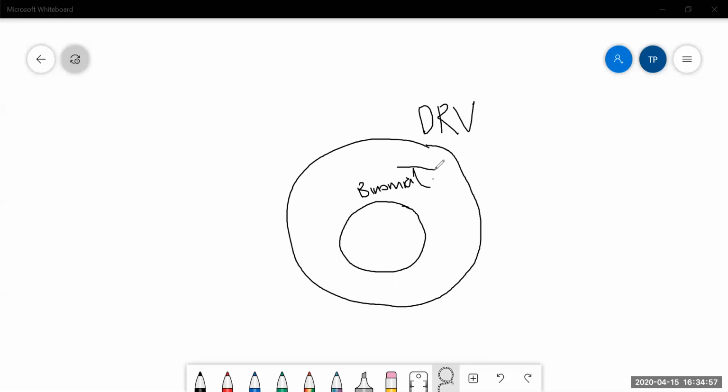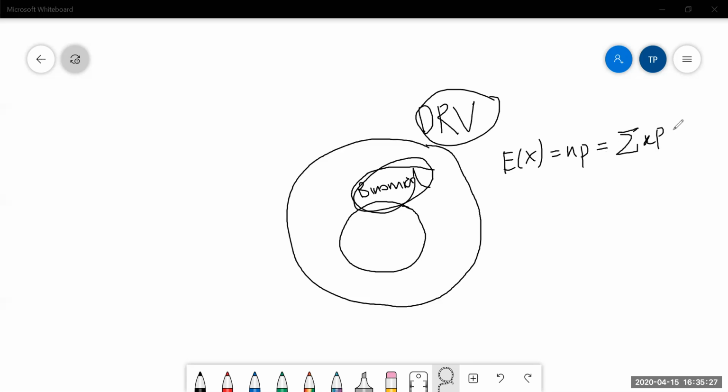In binomial distribution, you are actually using the discrete random variable concept, because binomial distribution measures discrete random variables. The expectation of X in binomial is n times p. But it is also equal to the summation of x times its corresponding probability in the PDF.